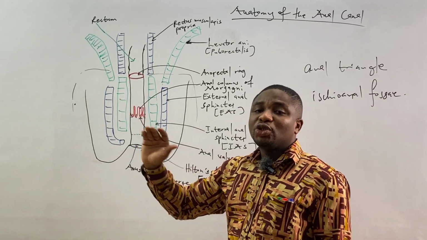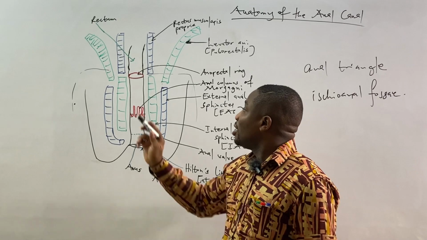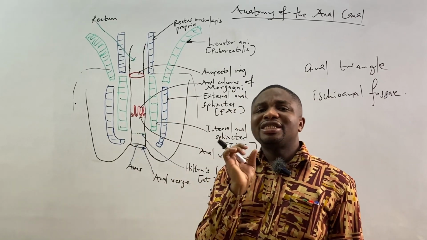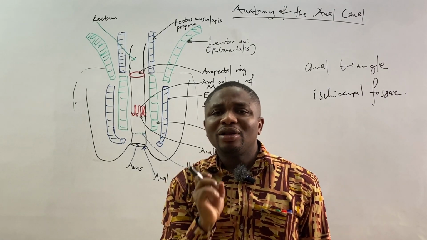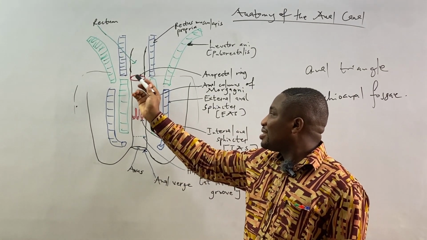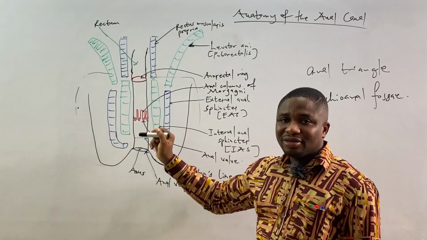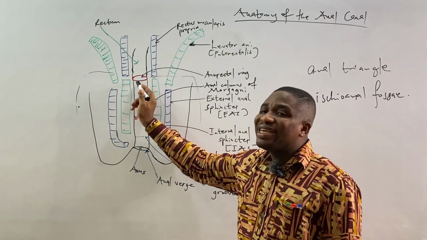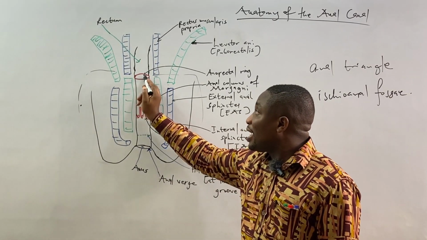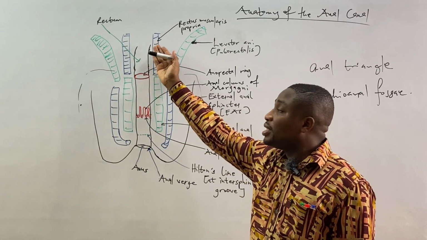Another thing you should know is that the rectum is lined by a simple columnar epithelium. The anal canal begins as a continuation of the rectum, because the anorectal ring is what separates it from the rectum.